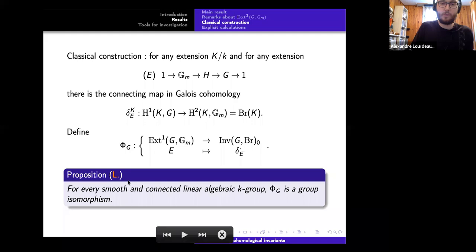And so we can define the general map phi_G from X1 to the group of normalized Brauer invariants, which sends an extension to the connecting maps, with all the fields together.